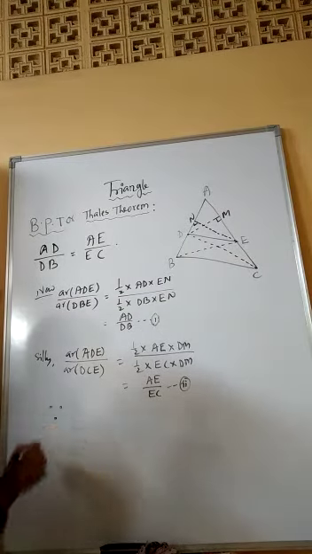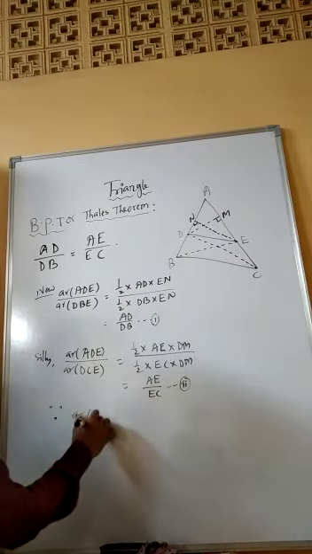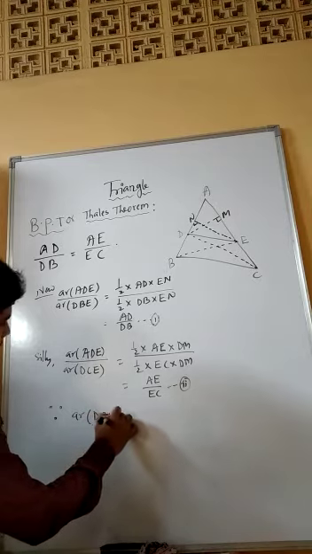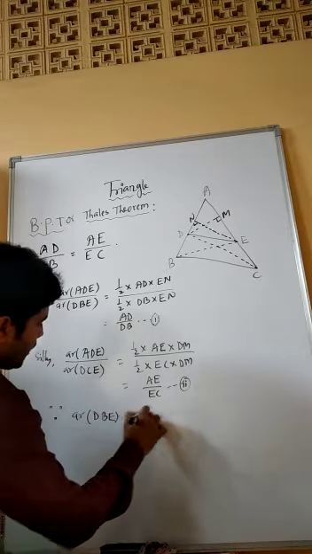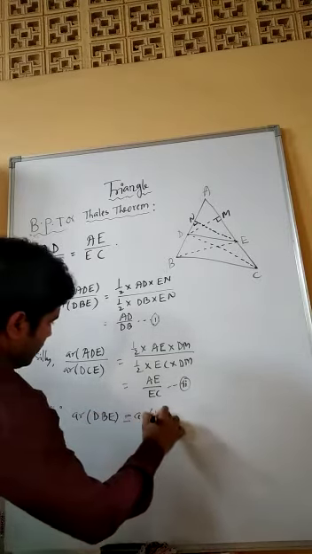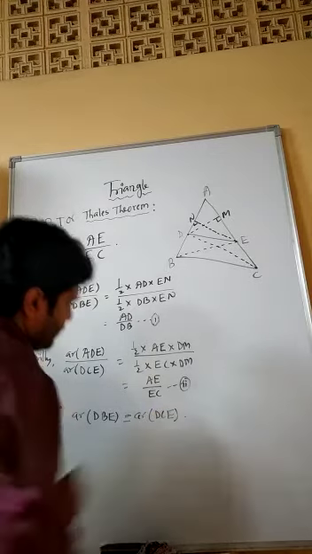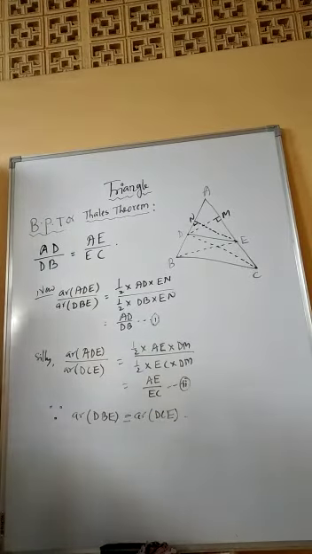Since I'm writing here that area of DBE equals area of DCE, can you tell me the reason? You learned in class 9 that figures on the same base and lying between the same parallels are of the same area. Their areas should be equal.